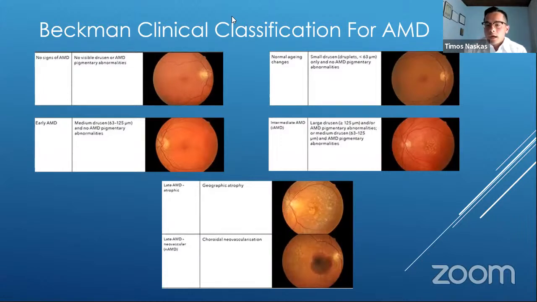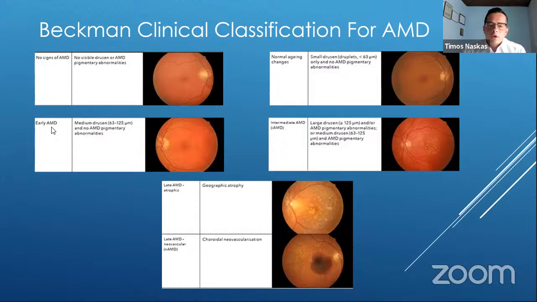Then we have what is termed normal aging changes, in which there are some small drusen, less than 63 microns in diameter, and no pigmentary abnormalities present. So in this approach, we keep an eye on this stage, but it's not, let's say, as much of an emergency as the subsequent stages in terms of frequency of follow-up.